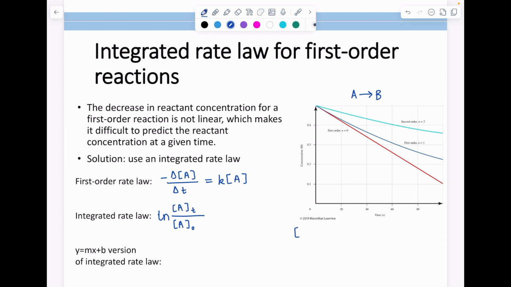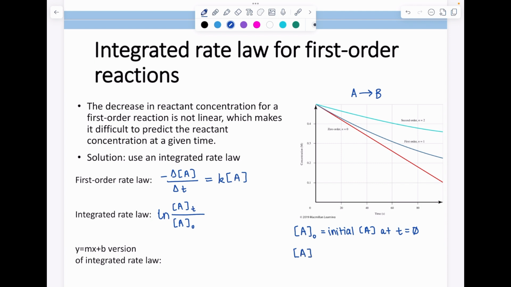Let's write this over here. Concentration of A with subscript 0 is the initial concentration of A when time is equal to 0. No time has passed.